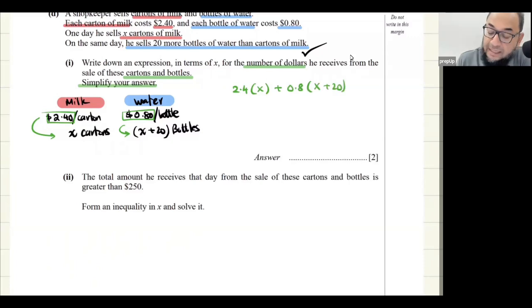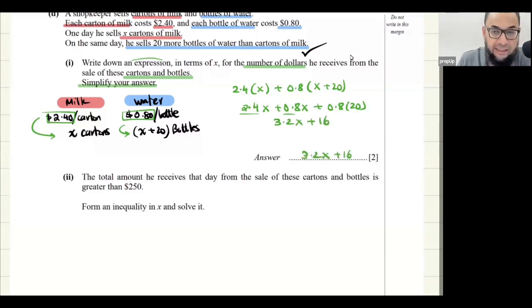That is the expression. We are not solving an equation as of now, it's an expression. So this is 2.4x plus 0.8x, and this is 0.8 into 20. 2.4 plus 0.8, that is 3.2x, and this is 16. 3.2x plus 16, that is the answer for this first part.